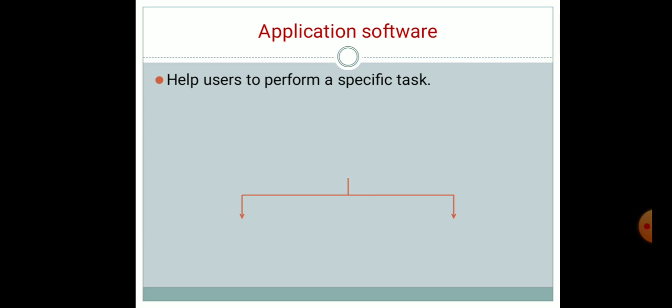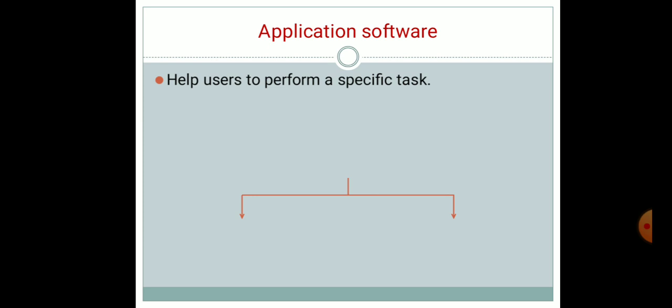So for a general purpose, for typing a letter, we need a particular software. If you want to draw something, we need a paint program. So this paint program is particularly used for drawing. So this is called application software.